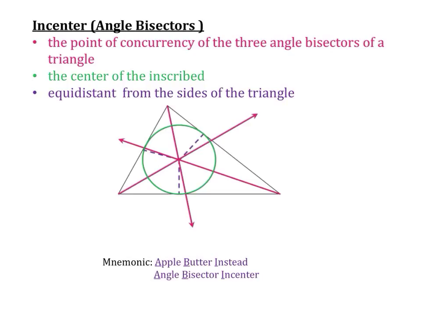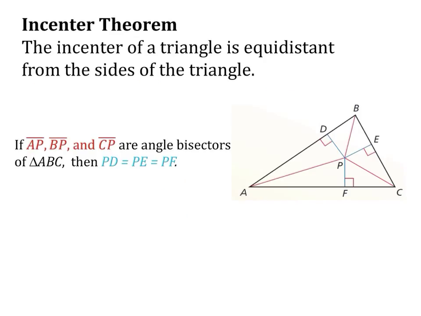Also, the incenter is equidistant from each side of the triangle, as represented by the dotted purple lines. Our next mnemonic to help us remember that angle bisectors intersect to form the incenter is the words "apple butter instead." And later we'll put all the mnemonics together with a cute little phrase. All right, our incenter theorem states that the incenter of a triangle is equidistant from the sides of the triangle.